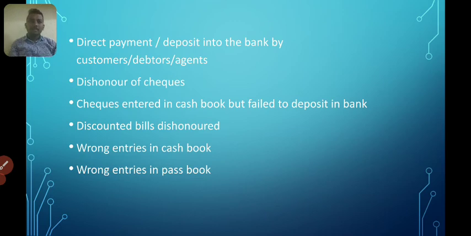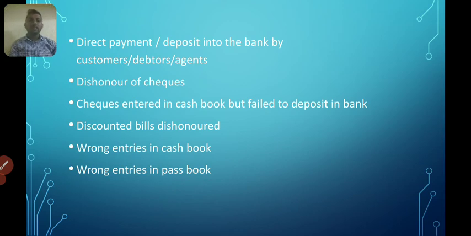So the check has been received by the bank, not by the trader. There is an effect in the bank statement, but no effect in the cash book. So there is a difference between cash book and passbook, and we have to prepare the bank reconciliation statement. Next, dishonor of checks. So what happens usually?